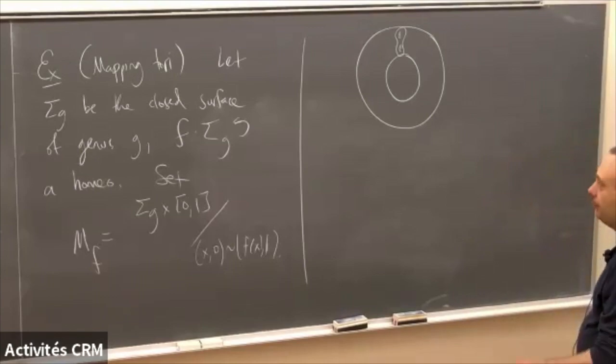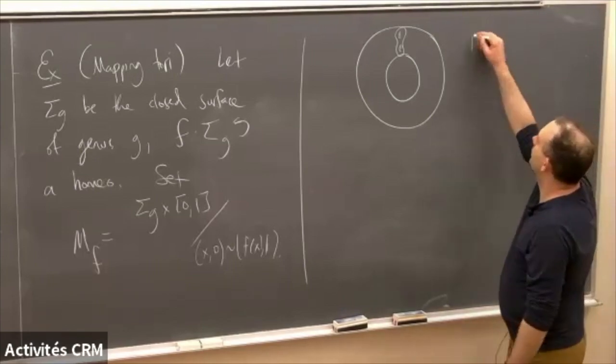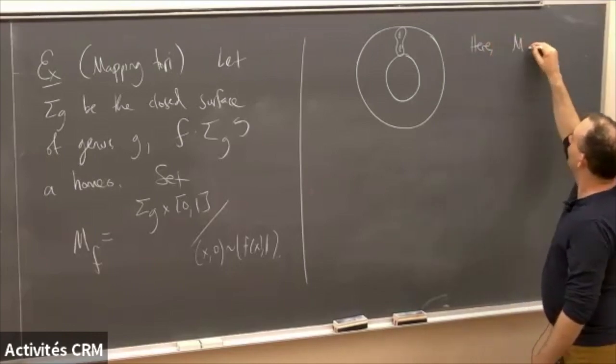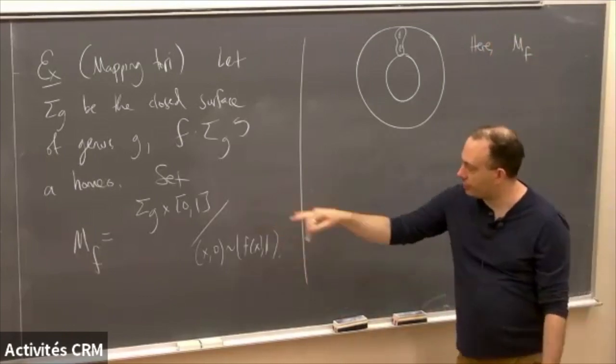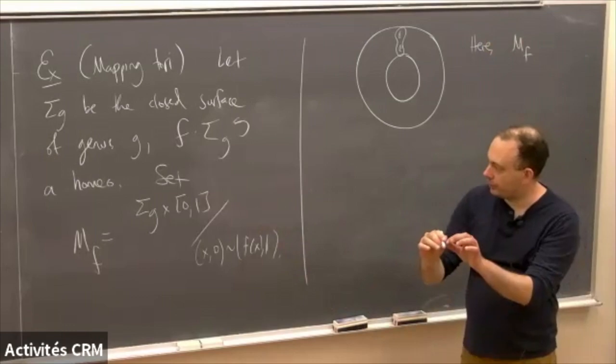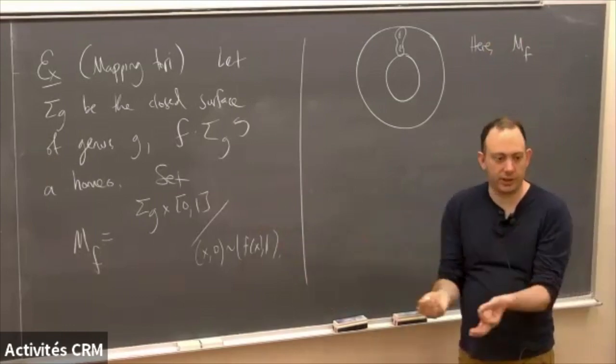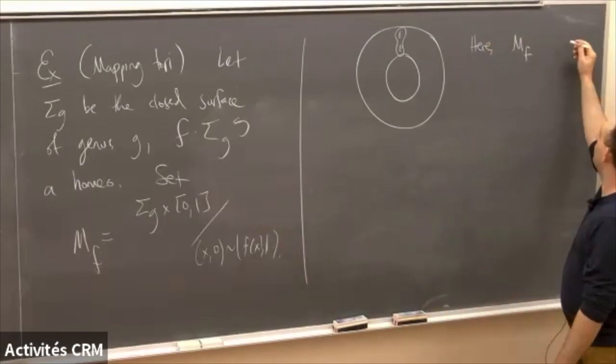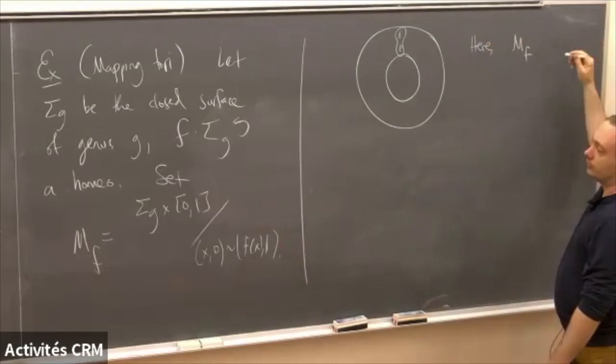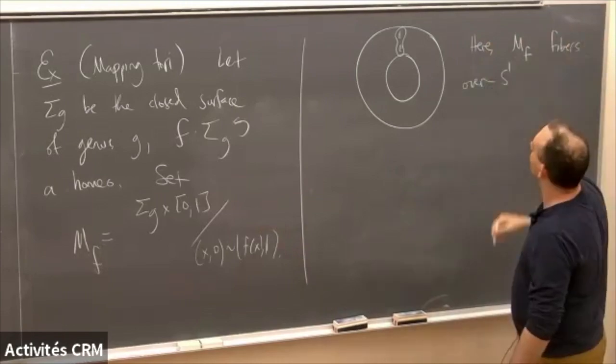So if I take M_f and project onto the second factor, which is an interval with its endpoints identified, then I get a fibration over S1.